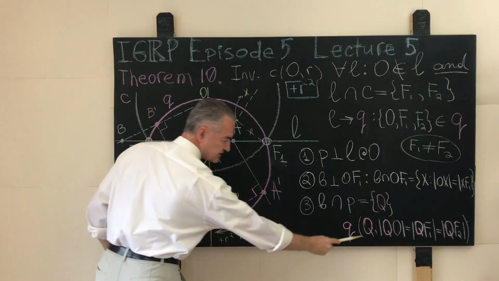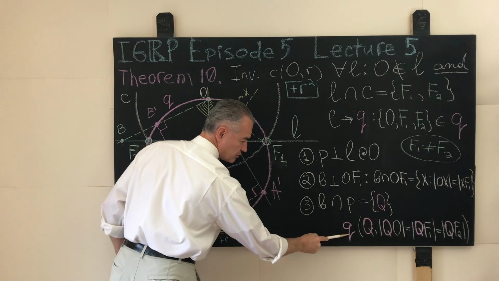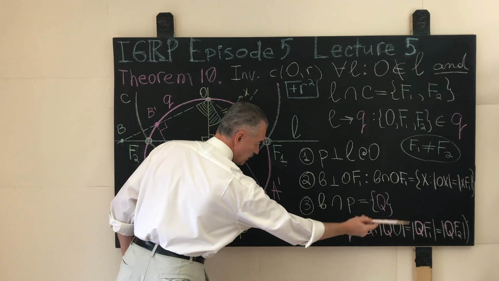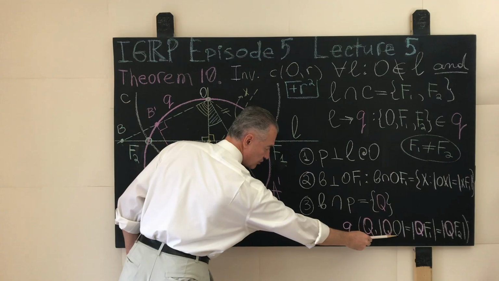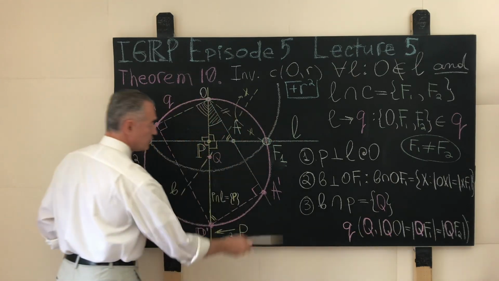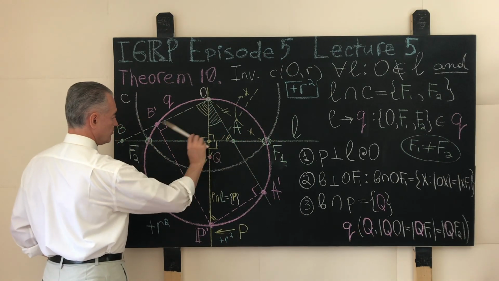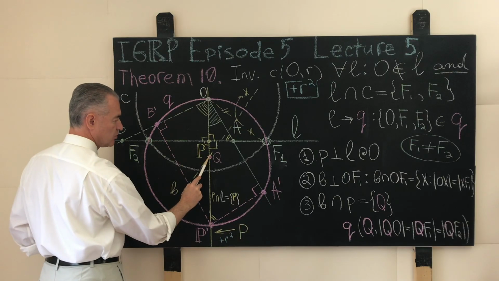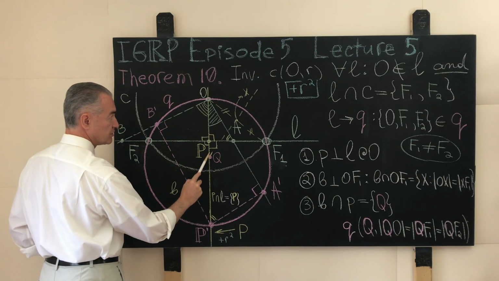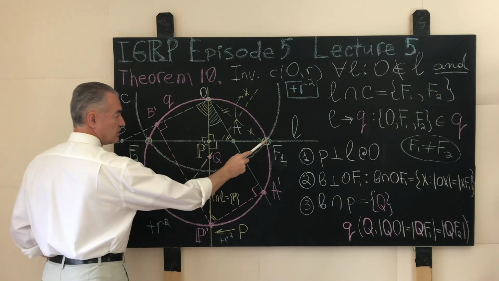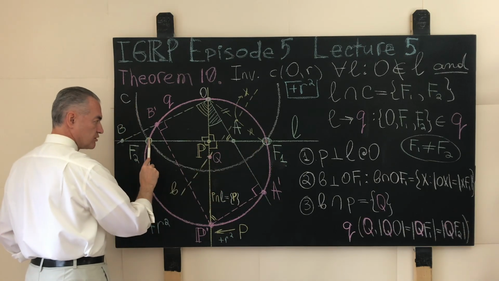Q is precisely the center of the image circle Q that has radius what? Pick your favorite distance: from the center of inversion to Q, or from Q to F1, or from Q to F2. This point is equally distant from all three points of interest: the center of inversion, the first shared point, the second shared point.